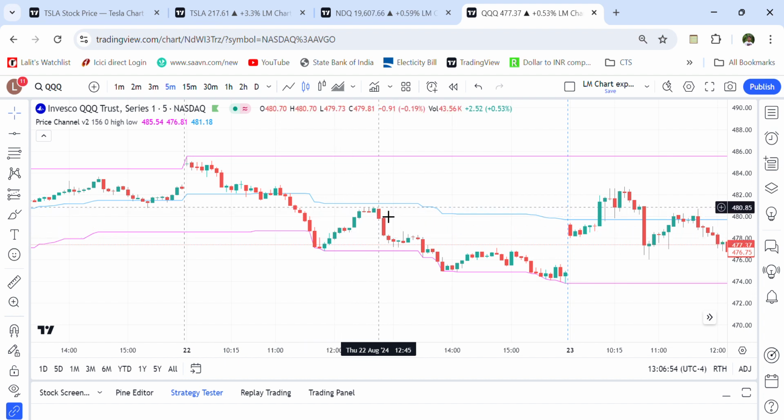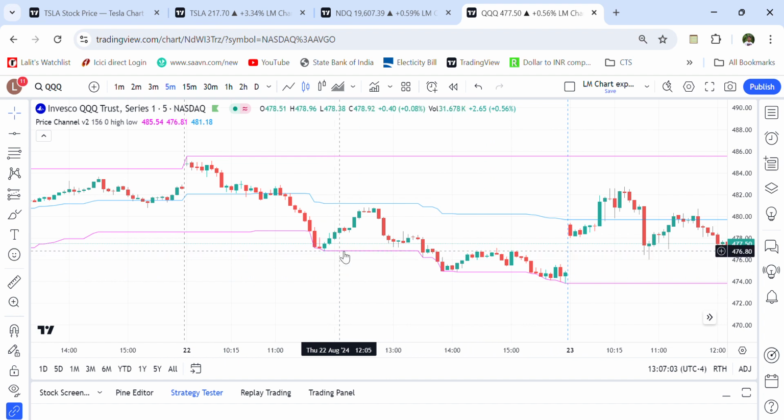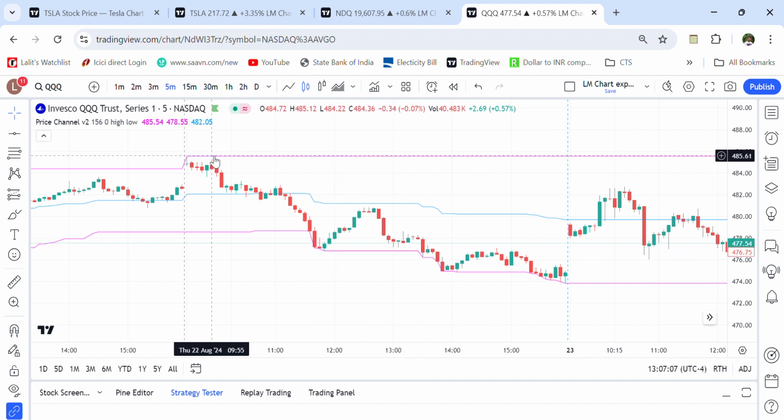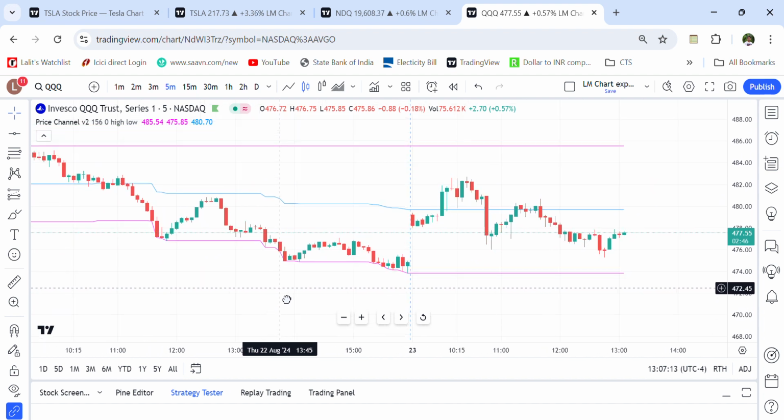And how high did it go? It went to 480.5. So that will help you take a trade on the call side from the support and a put on the downside from a resistance. So this was about the price channel for 2 days.